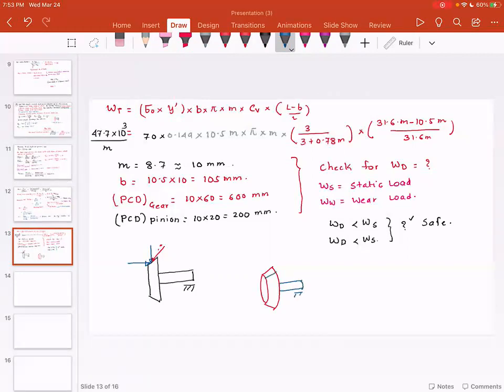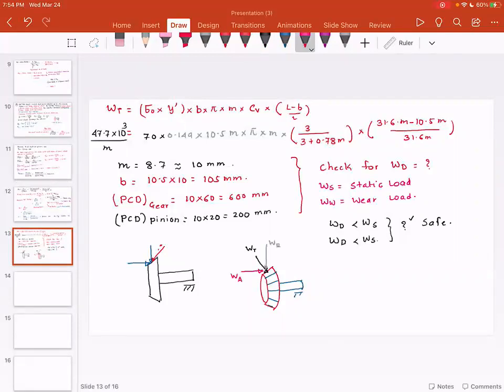So this is the bevel gear. On this bevel gear, we have a tangential load that is causing this bevel gear to rotate. And because of the pressure angle, you get the normal load that results in a component in the radial direction and a component in the axial direction.